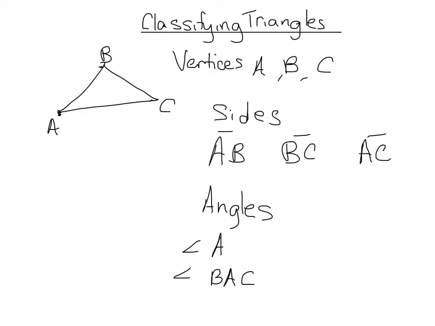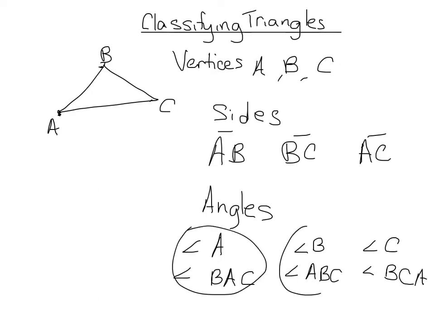So we have angle A or angle BAC, we have angle B or angle ABC, and we have angle C or angle BCA. So these are the same as each other. So that's really how we refer to the parts of our triangle, our points, our vertices, and our angles.